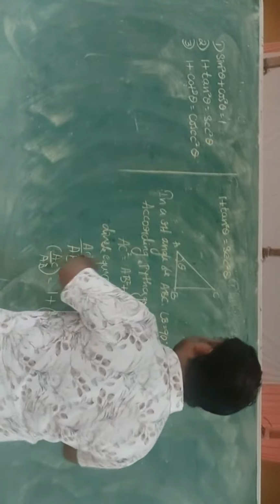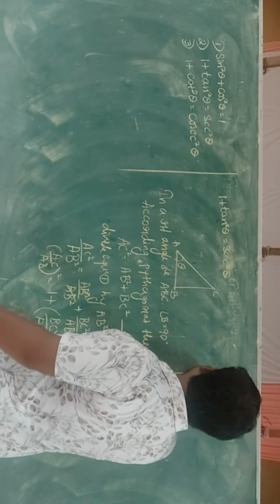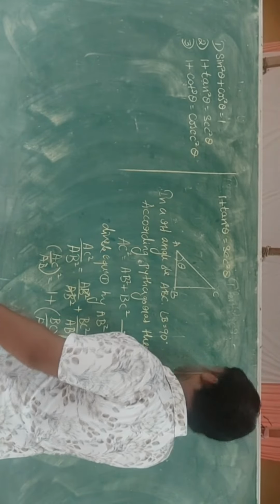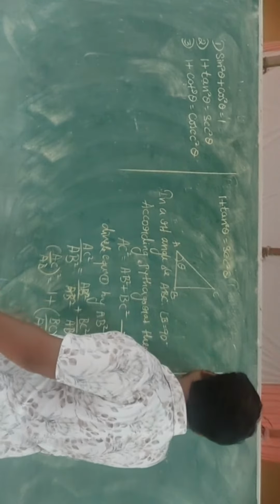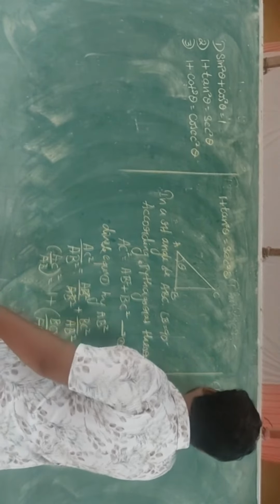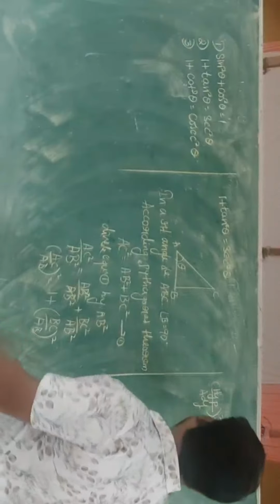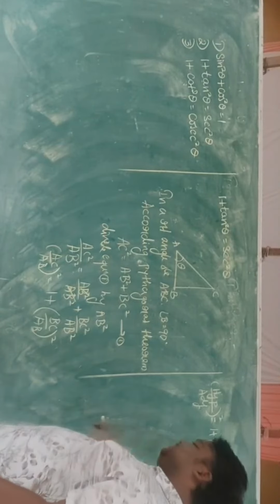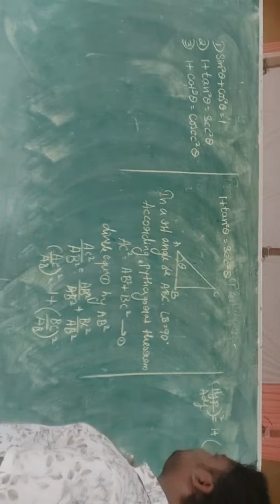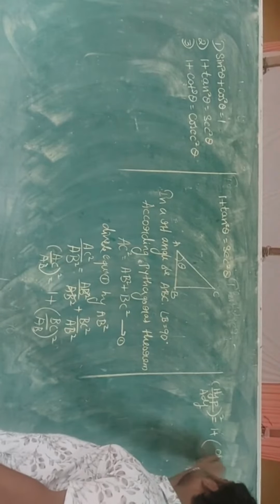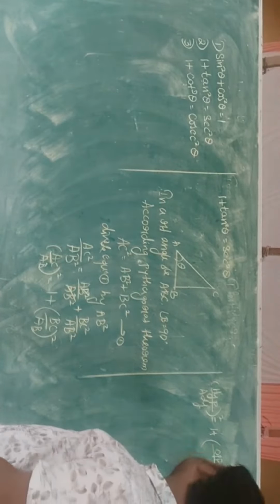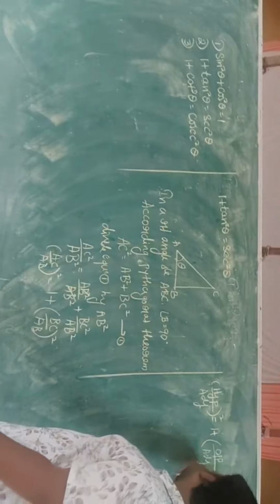Now AC upon AB: AC is the hypotenuse and AB is adjacent, whole square, is equal to 1 plus BC upon AB, where BC is the opposite side and AB is the adjacent side, whole square.